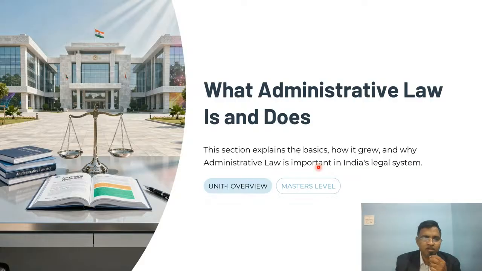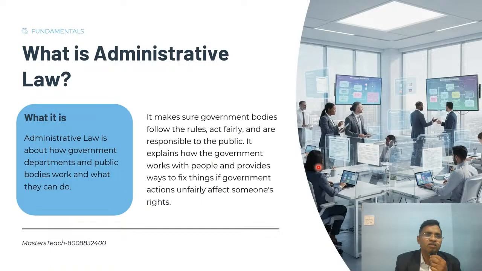what is administrative law. It tells how government departments and public bodies work and what they can do. Administrative law makes sure that the government and its bodies follow the rules and regulations fairly, and that they are responsible to the public.